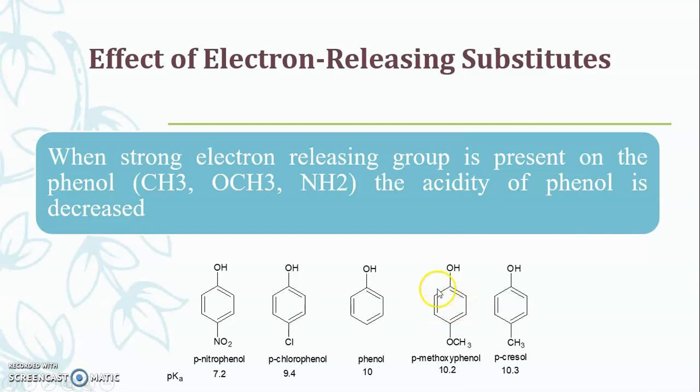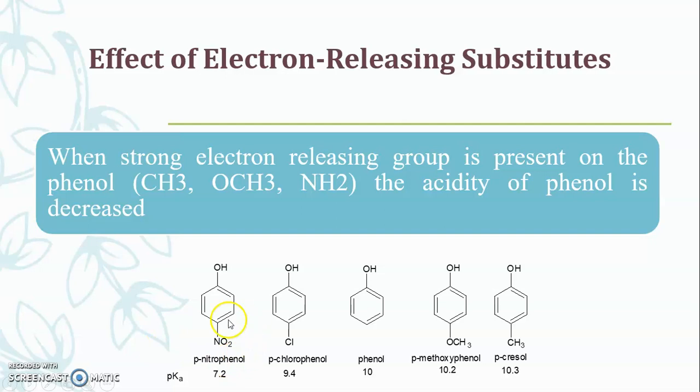That's why it donates the electron to the oxygen, because this benzene ring is having more electrons. As oxygen is having more electrons, its negativity increases and its ability to hold the hydrogen atom increases, because the hydrogen atom is positively charged, and that's why when electron releasing substituents are present, it decreases the acidity because hydrogen is not lost easily.